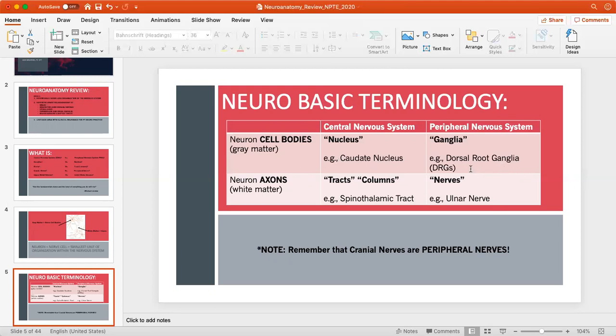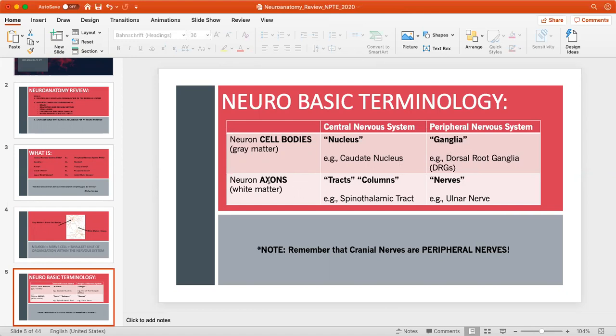My best example for this is one structure that we should be pretty commonly familiar with, the dorsal root ganglia, which are collections of nerve cell bodies within the periphery that contain nerve cell bodies for our sensory nerves. That's going to be the first neuron, or the first sensory nerve, in our main sensory tracts. We're going to see those DRGs show up as we talk about tracts a little later on. And those collections of cell bodies we talk about as ganglia. So that's where that term comes from.